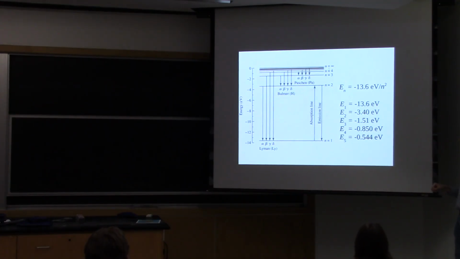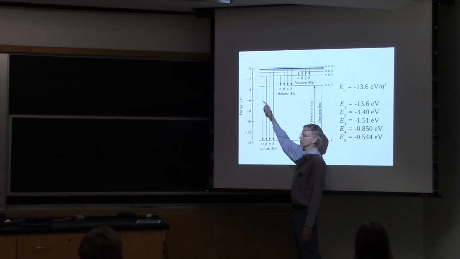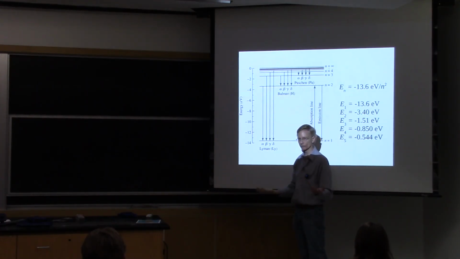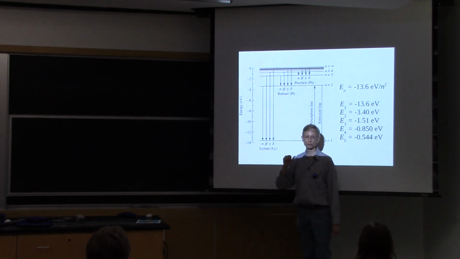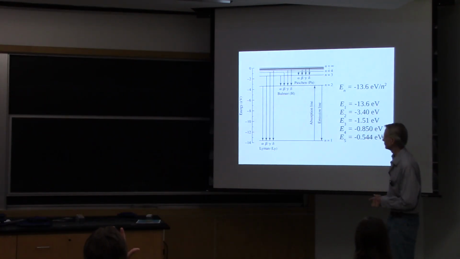So in other words, a transition from n equals 1 to n equals 2 in either direction. It's emission if it's 2 to 1, the electron's dropping down in energy and giving off a photon. It's absorption if it's 1 to 2, the electron is absorbing a photon and using that to jump up from n equals 1 to n equals 2.